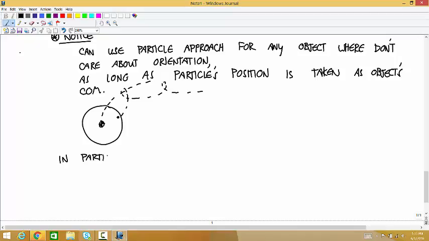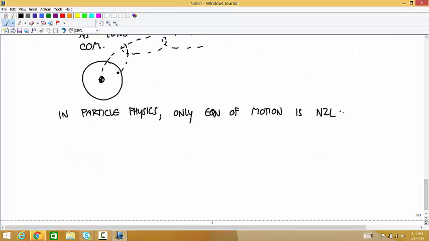Since we don't care about orientation in particle physics, the only law of motion, the only equation of motion, is Newton's second law, which says that the net force acting on the particle is equal to the particle's mass times the acceleration of the center of mass.